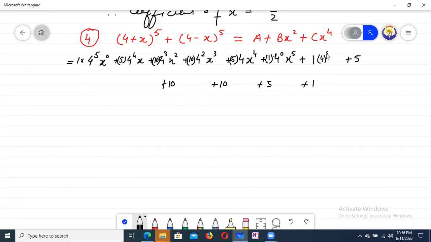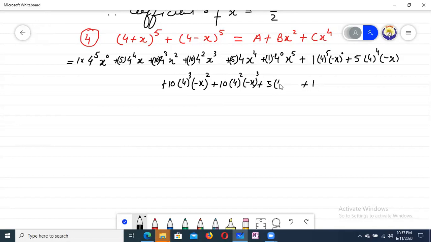4 raised to the power 5 and minus x raised to the power 0. Then 4 raised to the power 4 and minus x raised to the power 1. Then 4 raised to the power 3, 4 cube, and minus x square. Then 4 square and minus x cube.